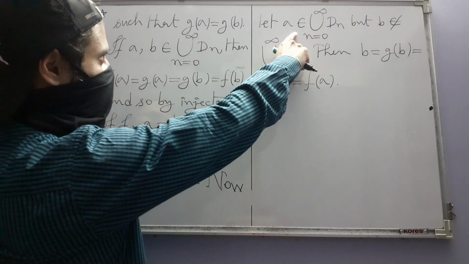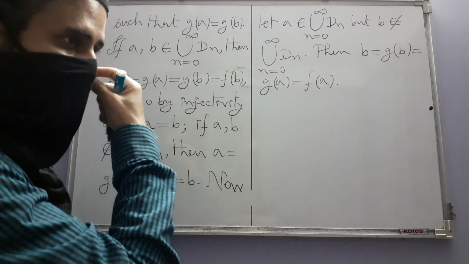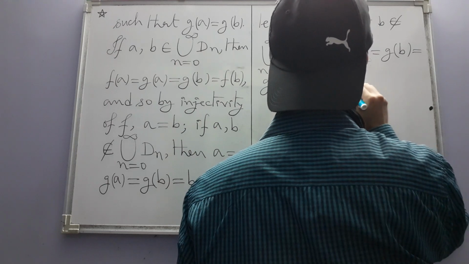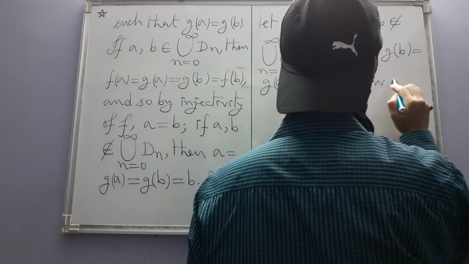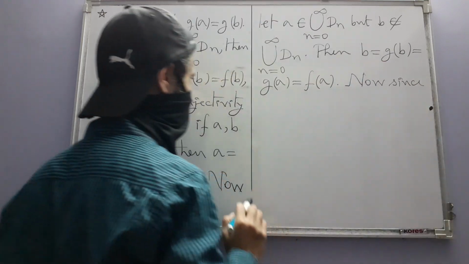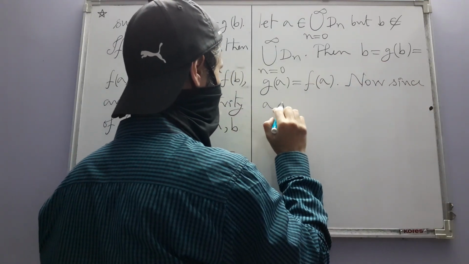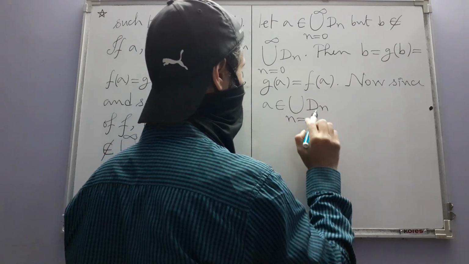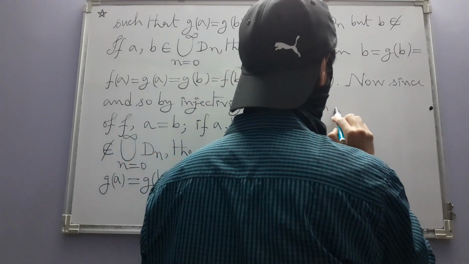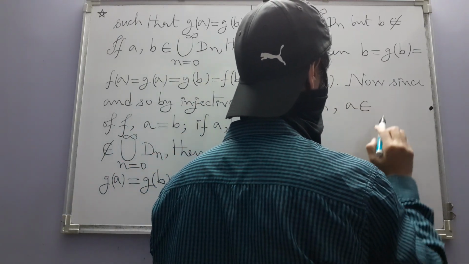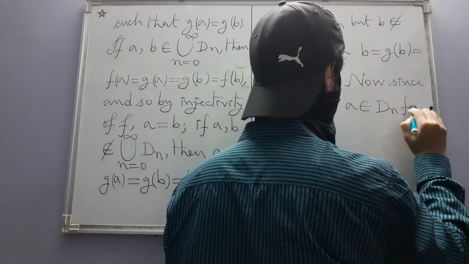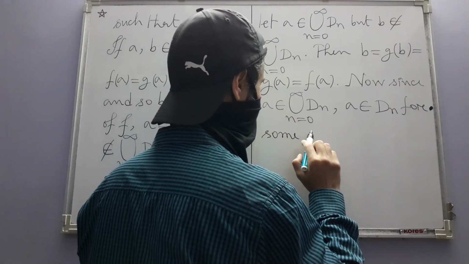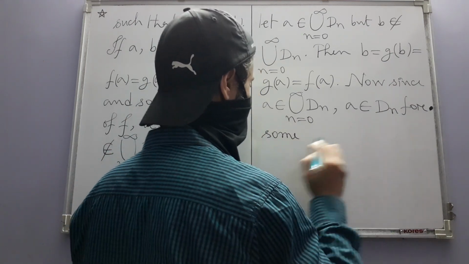Now look at this condition. Since A belongs to the union, A will belong to some Di. Now since A belongs to the union, A belongs to Dn for some natural number n.